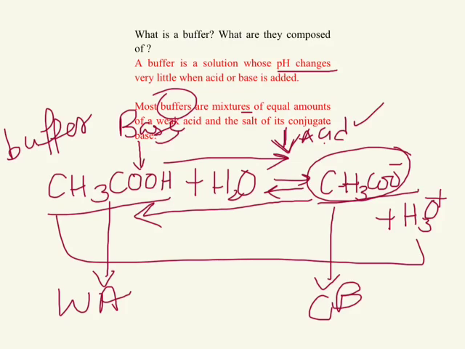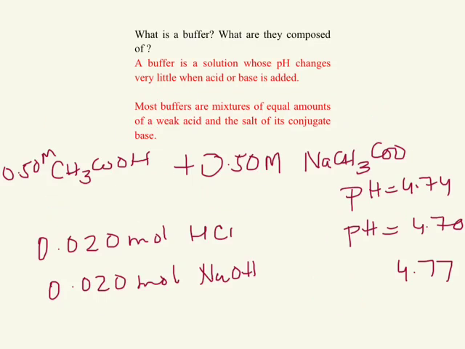So here, for example, let's take this acetic acid buffer example A. We are taking acetic acid of this molarity and mixing it with an equal amount of sodium acetate, which is the conjugate base of this acid. So we are mixing a weak acid and its conjugate base, and when we mix it and check, the pH is 4.74.